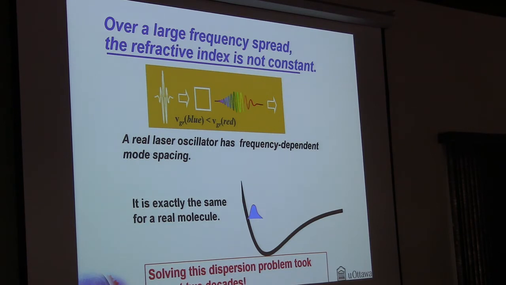If you create a wave packet in the molecule, it only moves a couple of times until it disperses, and it's almost unrecognizable after a few oscillations. If you create a wave packet in an oscillator, a short pulse, if you don't do something, it will also spread out in phase and become unrecognizable over time.